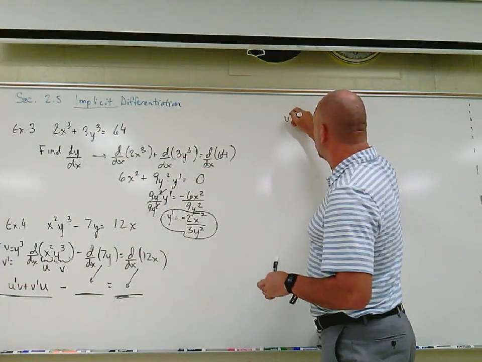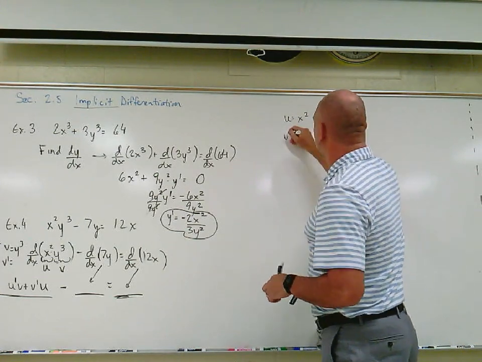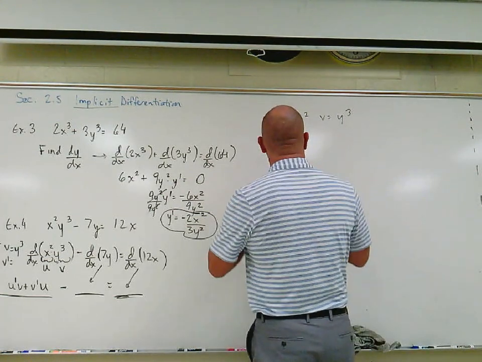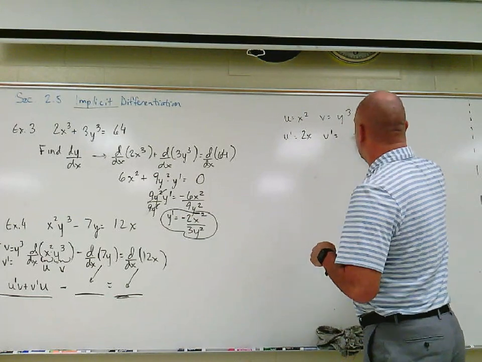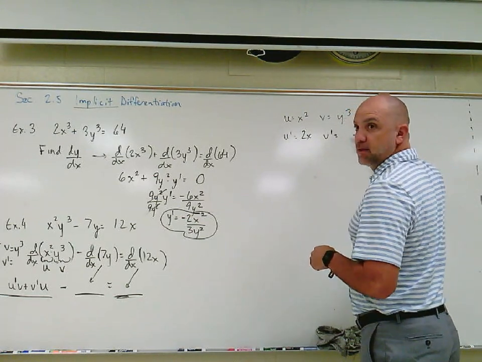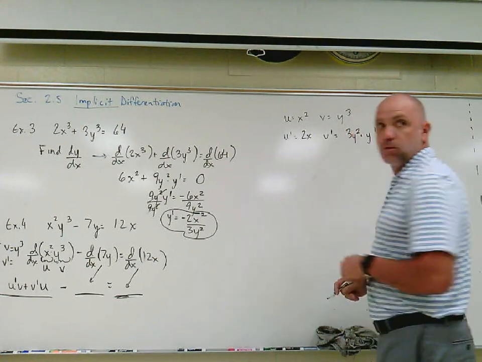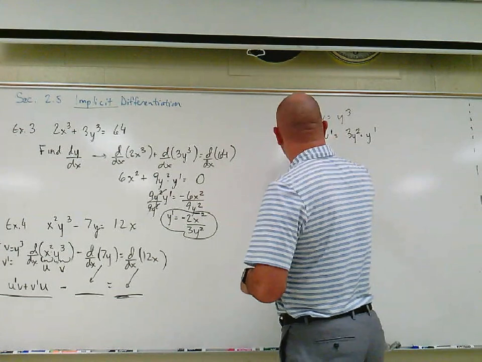So on that, we said u is x squared, v is y cubed. What did you get for u prime? 2x. What do you get for v prime? 3y squared times y prime. You've got to use chain rule because it's with respect to x. Then I sub everything in.